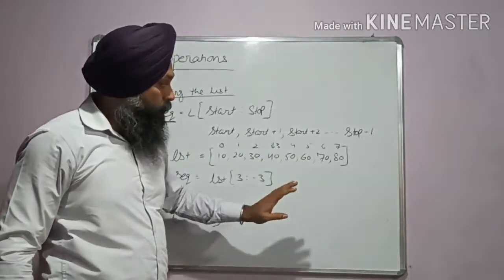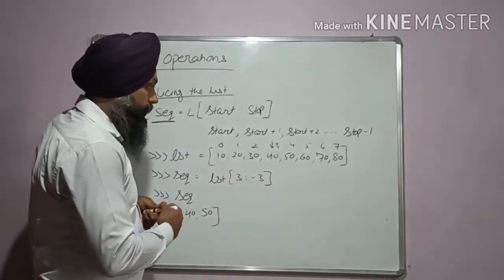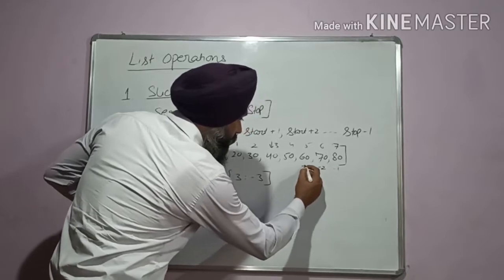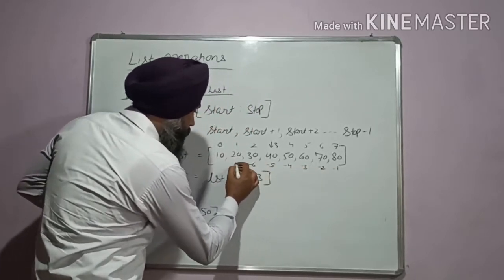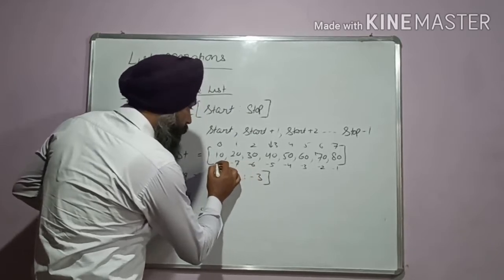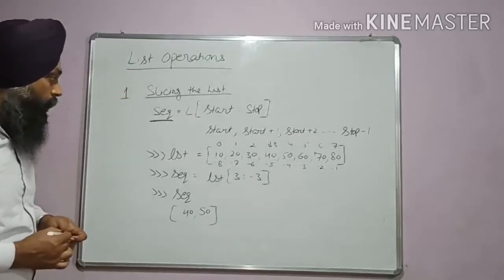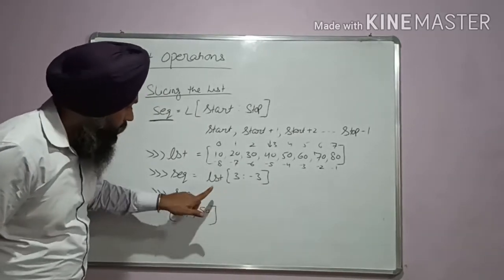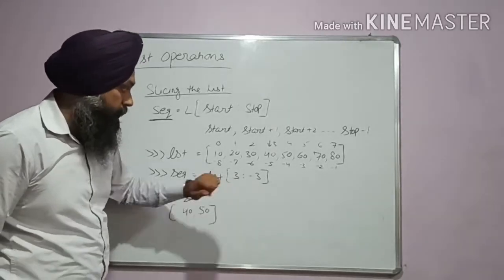And if we want to traverse the same list with a negative index, then the negative indexes will be -1, -2, -3, -4, -5, -6, -7 up to -8.